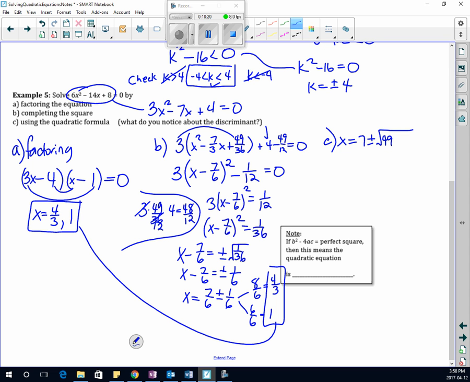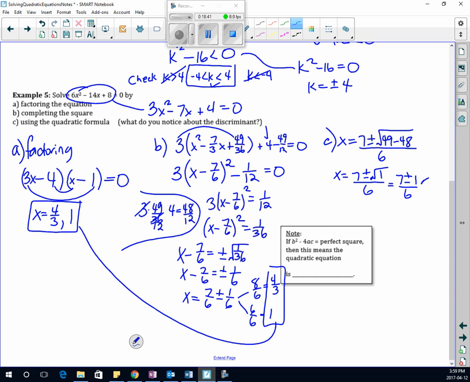So 4 times 3 is 12, and 12 times 4 is 48. So I'm going to be subtracting 48, all over 2a, which would be 6. So x equals 7 plus or minus the square root of 1, which is 1, over 6.